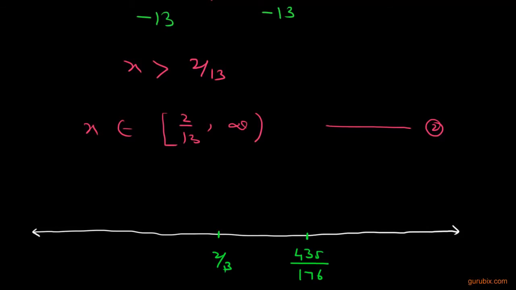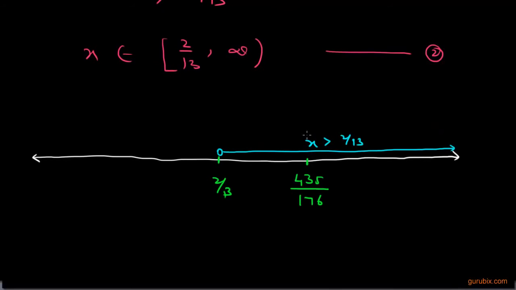But 2 over 13 is not included, so we shall place an open circle here. This is x greater than 2 over 13. And here we shall place a closed circle because 435 over 176 is included. So this value is x greater than or equal to 435 over 176.